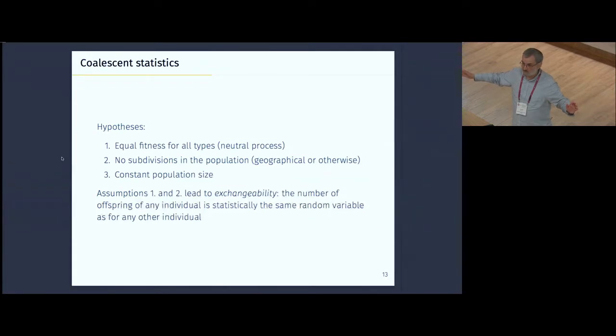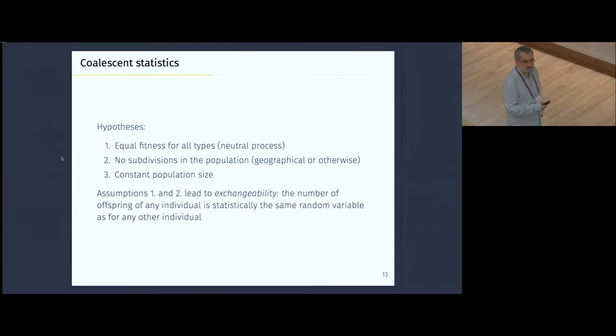So this is the process. But the case numbers, the number of cases, have absolutely no meaning. So this is what I mentioned here. If we have equal fitness for all types, so the process is neutral, there are no subdivisions in the population, geographical or otherwise, and we have constant population size, then the first two assumptions tell you that there is exchangeability.